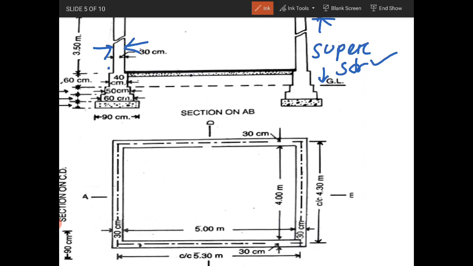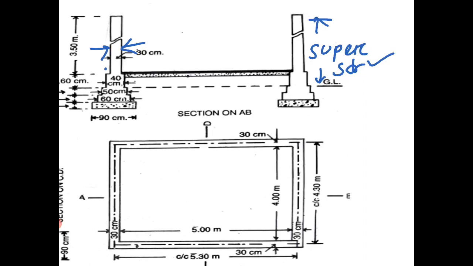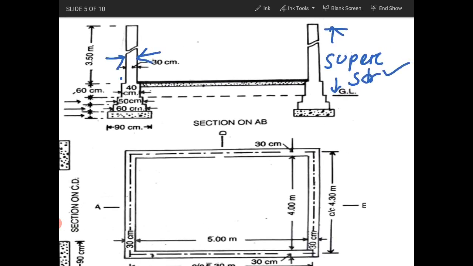Above GL the wall is there, with the given dimension of 30 centimeters. So we have to draw the plan of the wall at superstructure level, at 30 centimeter width.